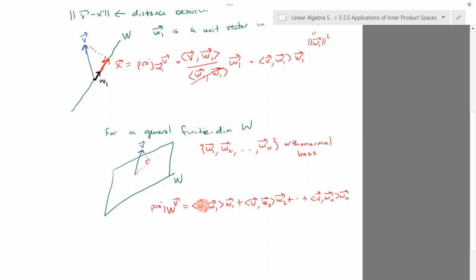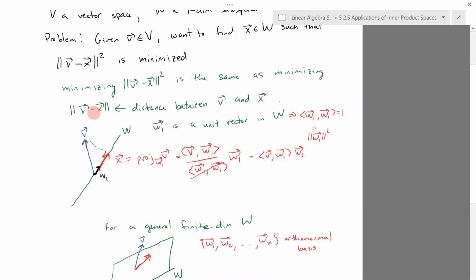Okay, so basically this calculation here is just trying to find the vector projection of V onto the subspace W, which tells us exactly what the closest vector to V is, and the closest vector minimizes this, which minimizes this least squares thing here.